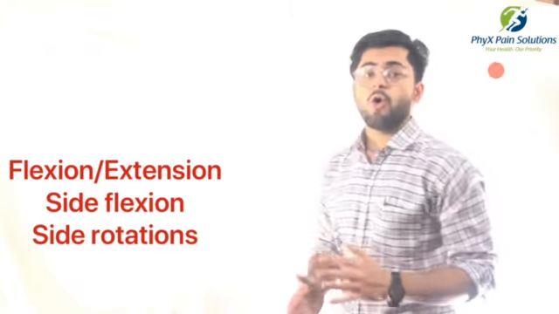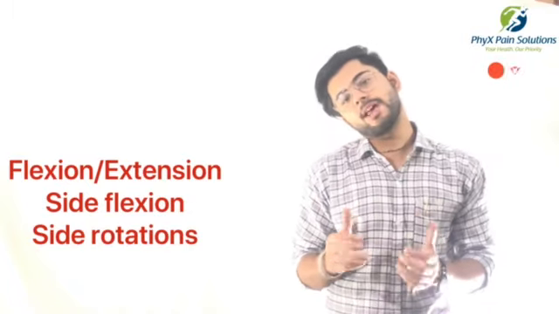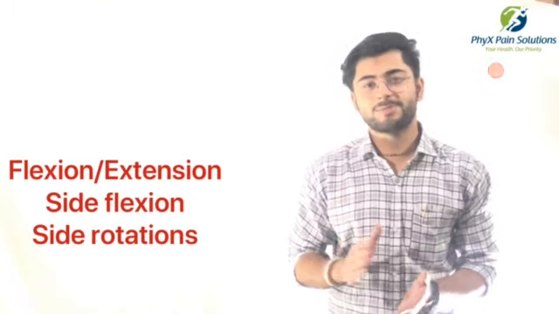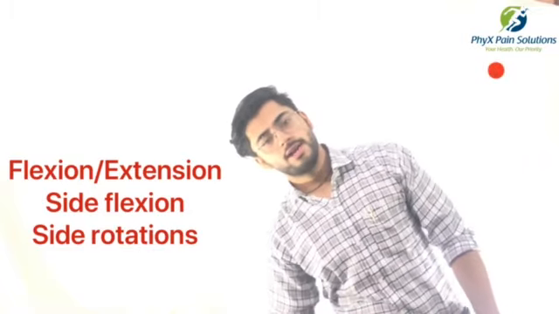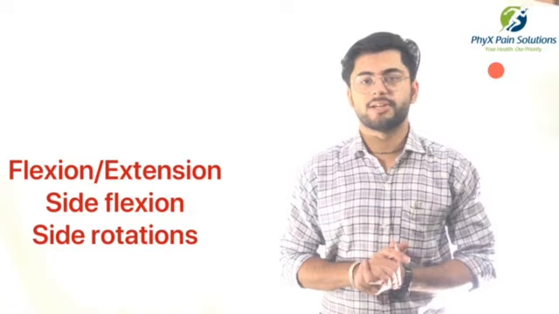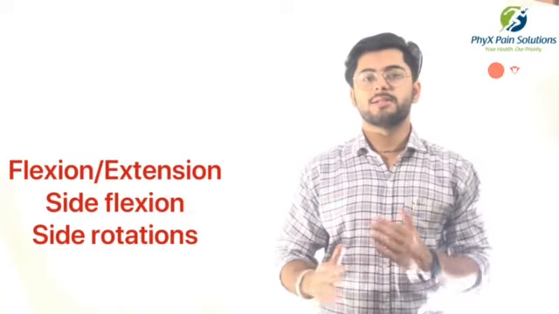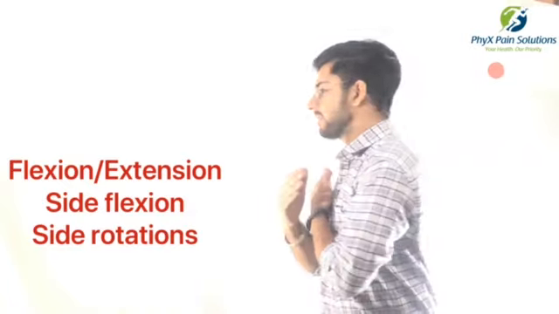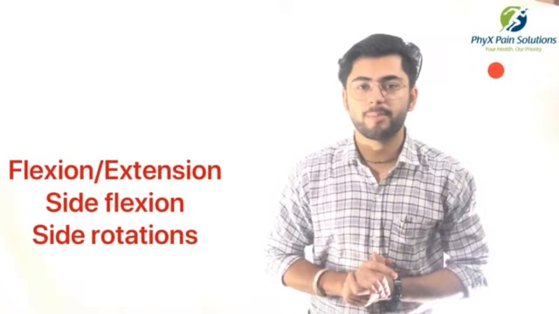Now talking about the other movement available at the lumbar spine, we have sideward bending, that is lateral flexion. The last movement is turning, so rotation at the lumbar segment.